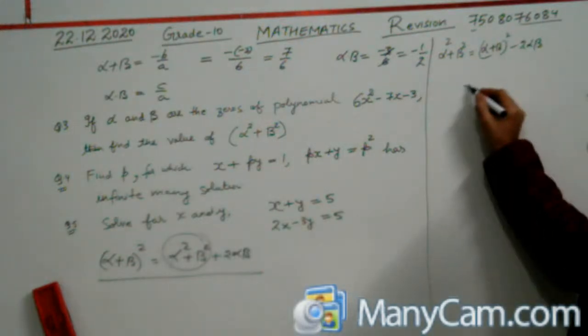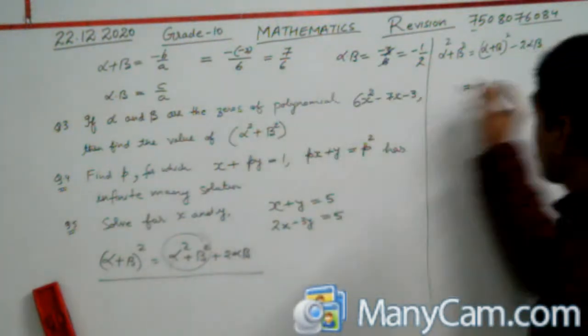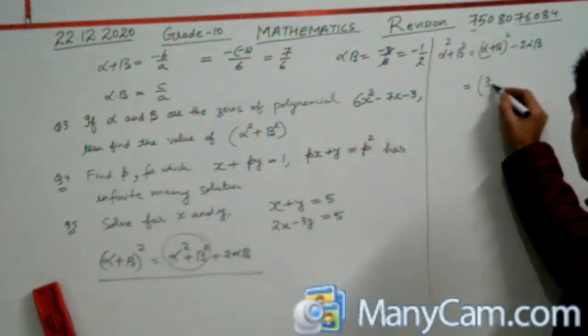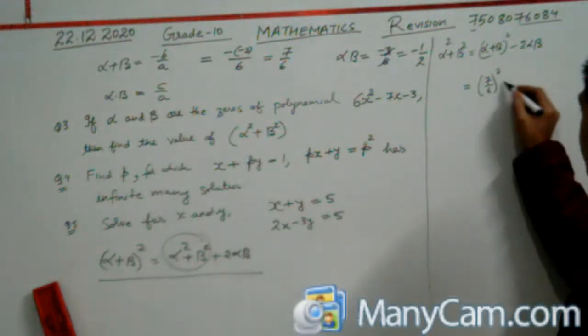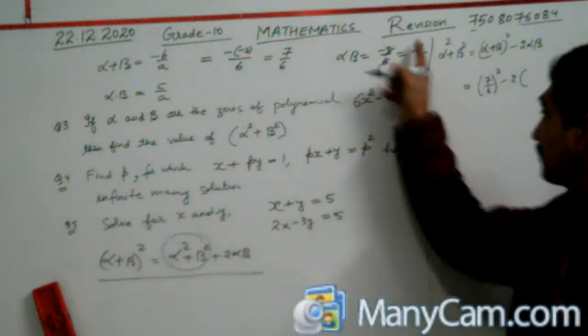We will substitute the values: alpha plus beta is 7 by 6, so 7 by 6 whole square, and alpha beta is minus 1 by 2.